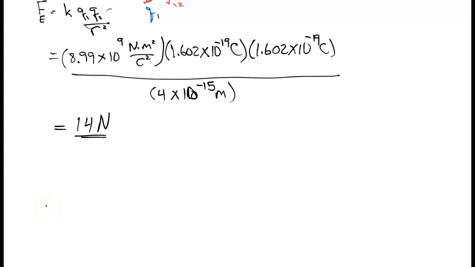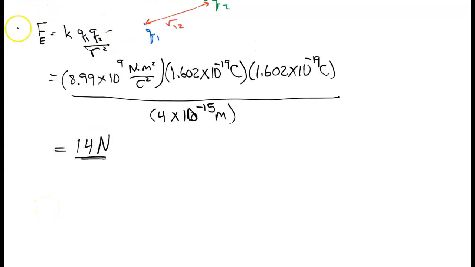And in part B, we're asked, what is the gravitational force between them? Since a proton has mass, there's a gravitational force between two protons. And if you recall, the gravitational force is given by G, the Newton gravitational constant, times the mass of each particle divided by the distance between them squared.